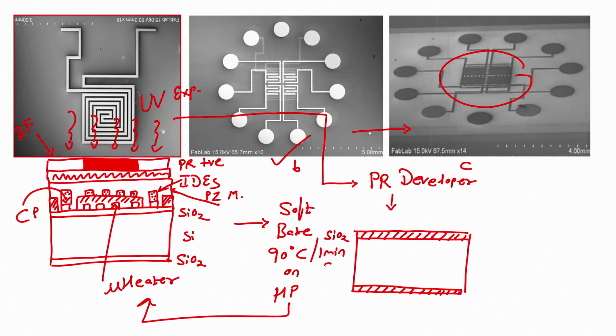See what I said: we have interdigitated electrodes on which we have a piezoresistive material, and on the piezoresistive material we have spin coated photoresist, which is positive photoresist. We have done soft baking, then loaded the bright field mask and performed UV exposure. After UV exposure, you unload the mask and perform photoresist developing. After photoresist developing, what we get is what we are drawing over here, right.